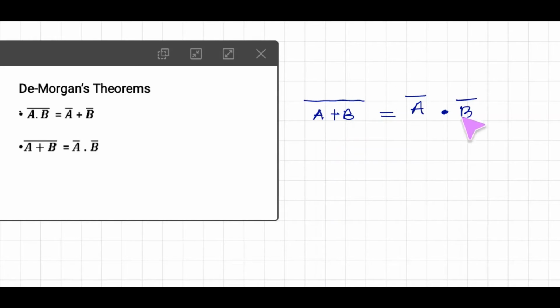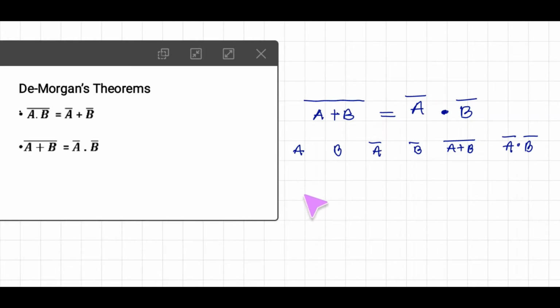Remember De Morgan's theorem: complement of sum is exactly equal to product of complements. And the same thing we can explain by taking one random example, with A, B, A complement, B complement, complement of A plus B, and the product of complements.